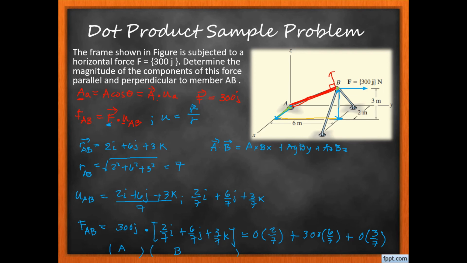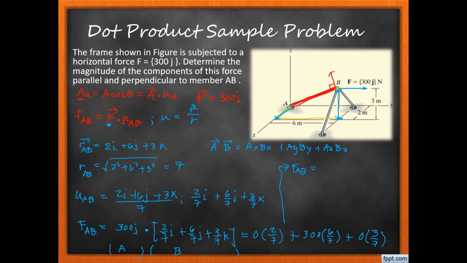Okay, so mula dyan makukuha natin na yung FAB natin is equals to 300 times 6 over 7.